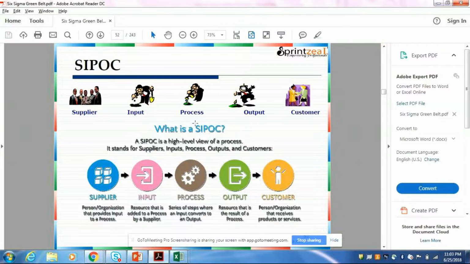What is the output, and who is the customer or consumer of that particular output? You would need to list down everything, so that it helps you in 2 things. One, it helps clarify to the entire team what the boundaries of the process are and who is benefiting from this process, and also it helps you do the scoping of the project.